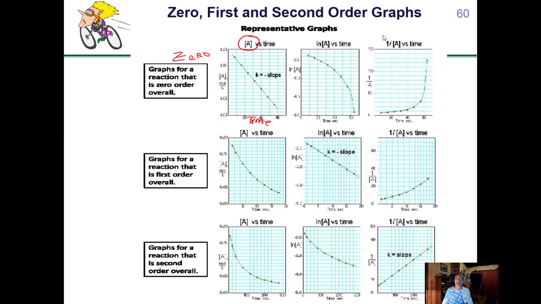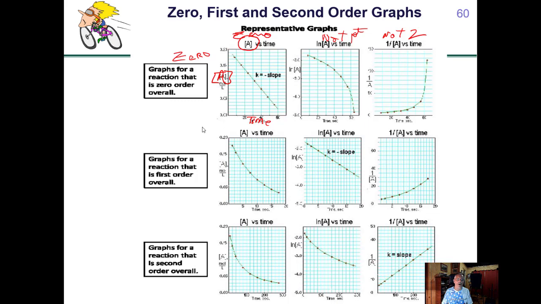So not second, and not first. We do know that it is zero order, because I got what I expected to get from a zero order reaction. That is graphing A versus time without manipulating the concentration of A.